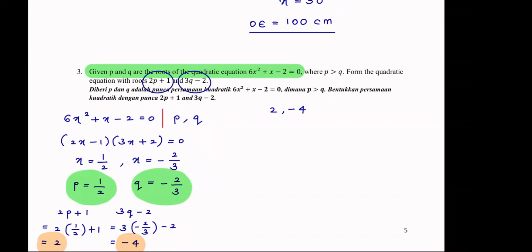So then only I can proceed with SOR POR. SOR, tambah dua-dua. I get negative 2. And POR, darab dua-dua. Okay, faham. So then you remember this.